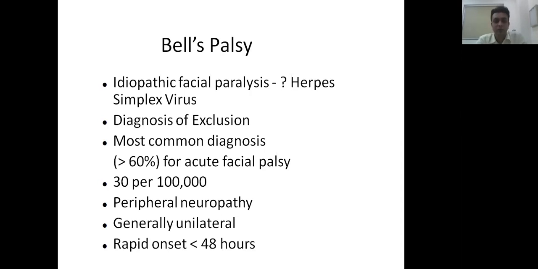Okay. So it's a peripheral neuronopathy, and generally it involves one facial nerve, and there is a complete paralysis generally in these cases. Good part is that the Bell's palsy recovers in more than 90% of the people, and the facial nerve function resumes completely. There is a complete recovery in many of the patients, most of the patients.